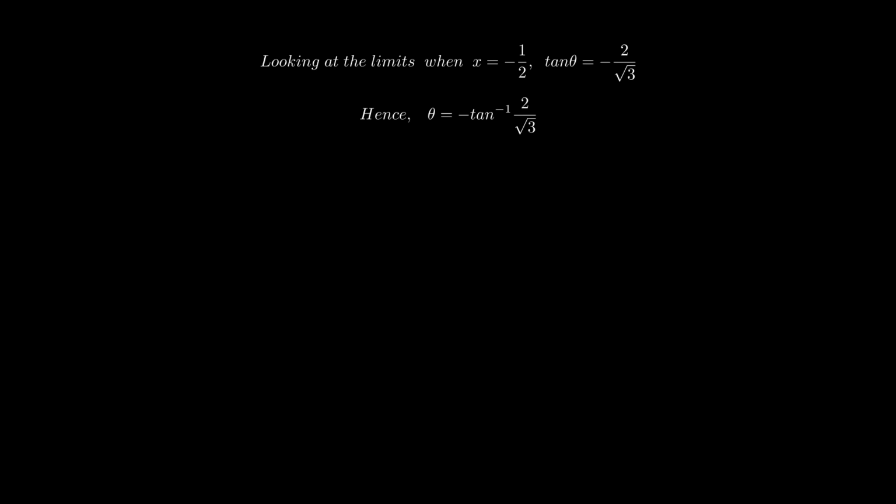When x is equal to half, half minus half is equal to 0, therefore root 3 over 2 tan theta equals 0, and therefore tan theta equals 0, and theta therefore is arctangent of 0, which is equal to 0.